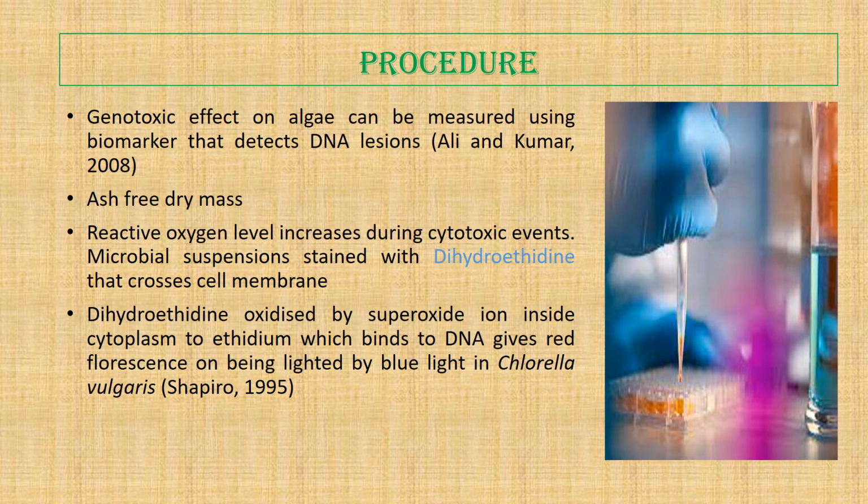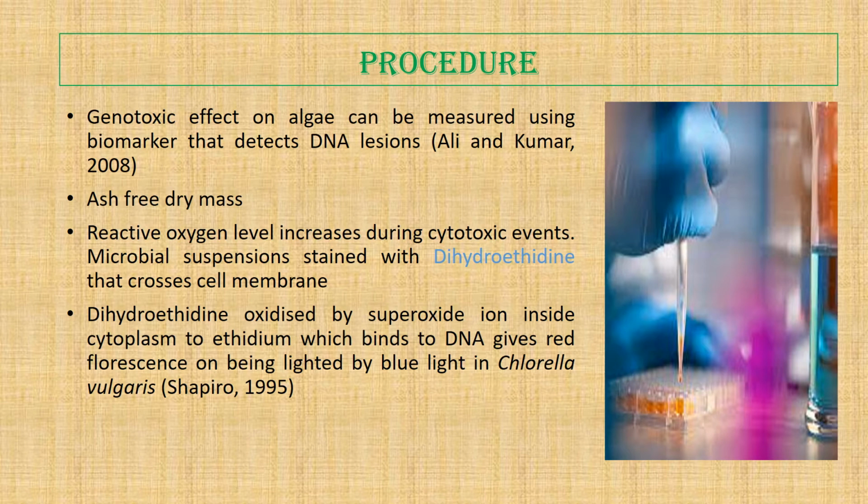Ash-free dry mass is the mass of algae, and by determining the ash-free dry mass of algae growing in a normal environment and in a stressful environment, we can determine the level of stress. For determining this, we take the algal mass, dry it and then burn it in a muffle furnace.